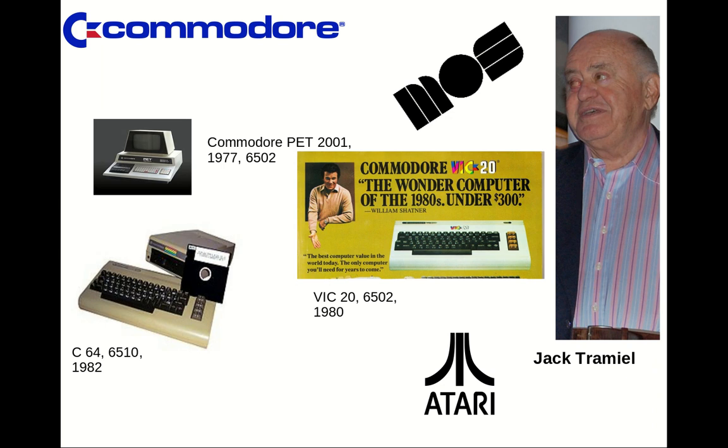He was also a Holocaust survivor. He was born in Poland and later moved to the USA, and there his first business idea was to import typewriters from communist production to America under the brand name Commodore.